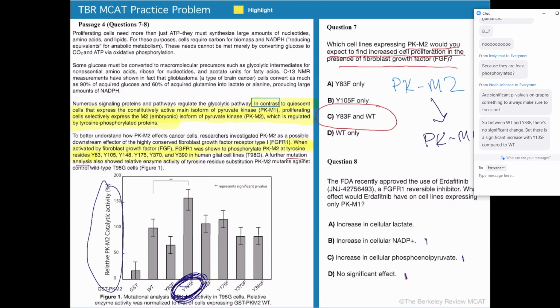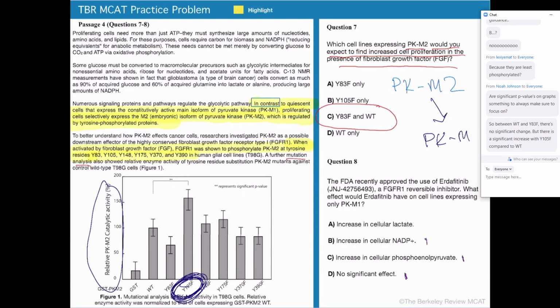Yeah, exactly. And that's why this one can be bucketed in for question C. It's because these two species, there's no significant difference between them, right? So you can treat them essentially like the wild type, right? And in fact, even though there's no significance, it even shows less activity.